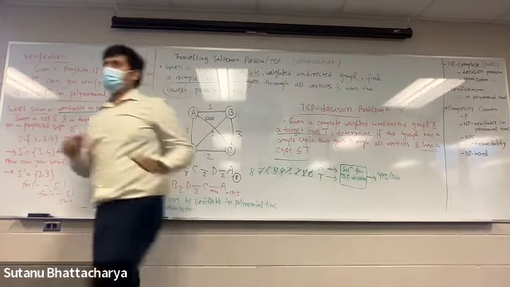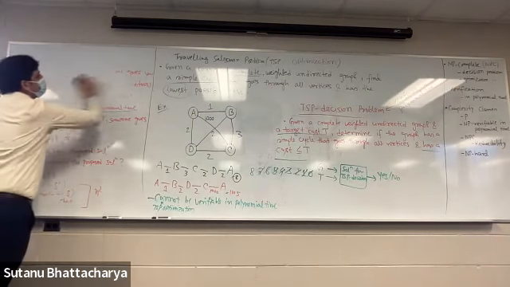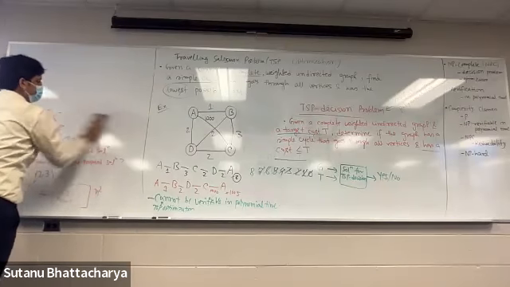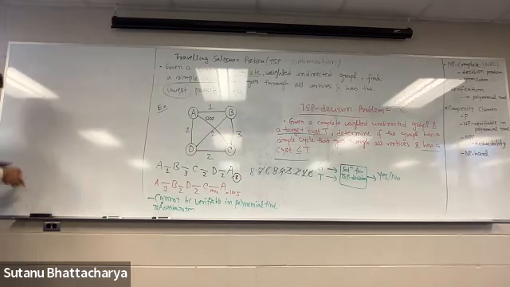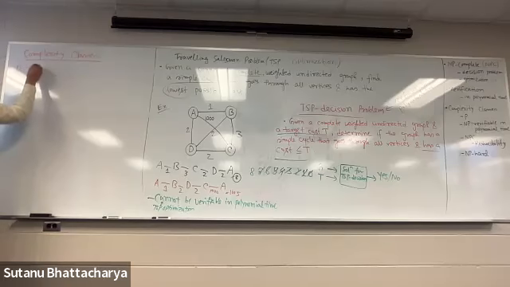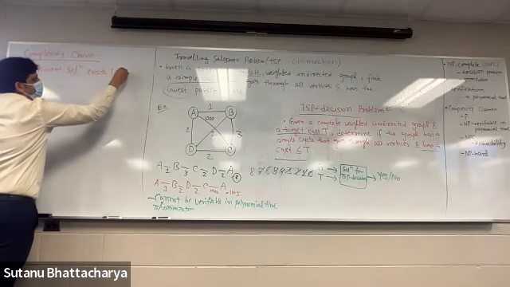Okay. Let's define complexity classes. First is class P. Whatever solutions we have studied before midterm all come under P, meaning efficient solutions exist, meaning polynomial time solutions.